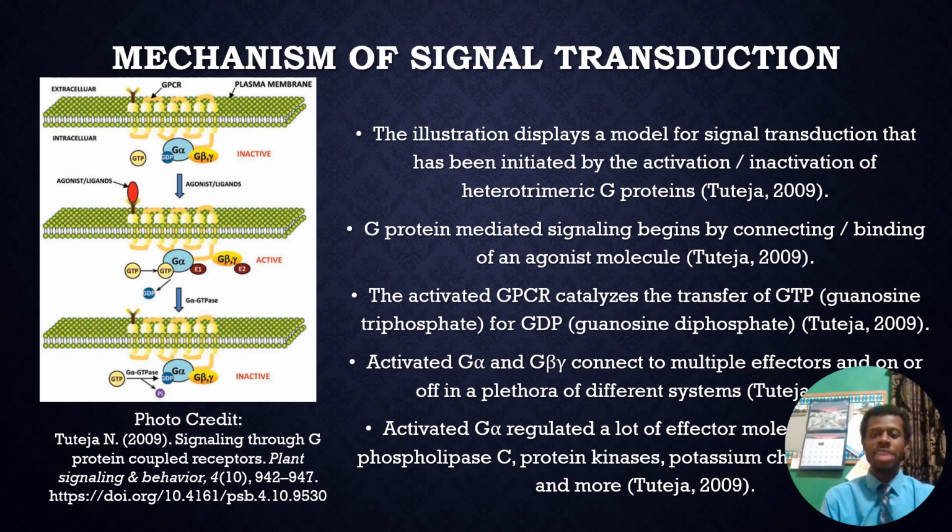In their inactive state, during signal transduction, the GPCR becomes activated with a specific change, a change of conformation from the binding of ligands to certain regions of the GPCR.